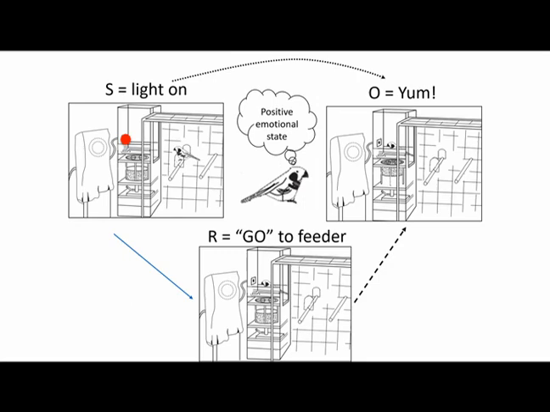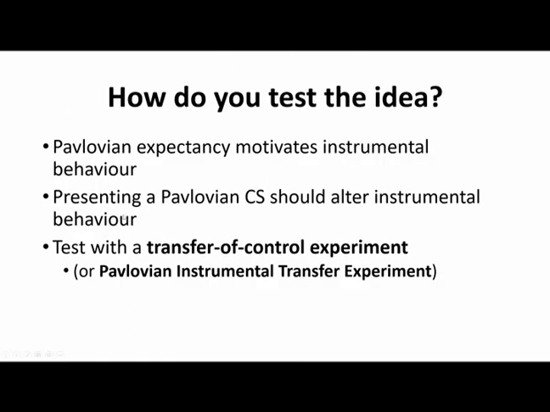So how can we actually test this idea that our SO association is actually what's motivating our instrumental behavior? We can test this using a transfer of control experiment, which is also sometimes called a Pavlovian instrumental transfer experiment, which is a mouthful, but either of those apply to the same basic idea.